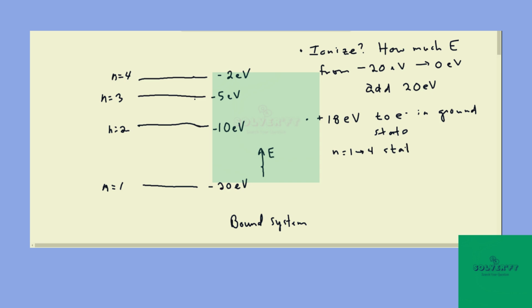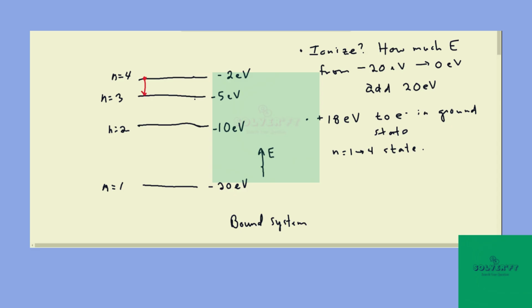And the question is, what will that electron do? Well, it will fall back down to the ground state in many different ways, and we want to calculate all the energies that the electron could potentially emit. So that involves all pairs of energy levels starting with n equals 4.